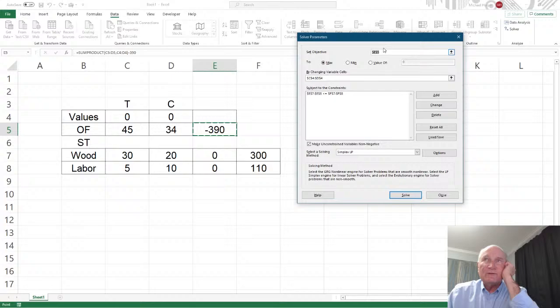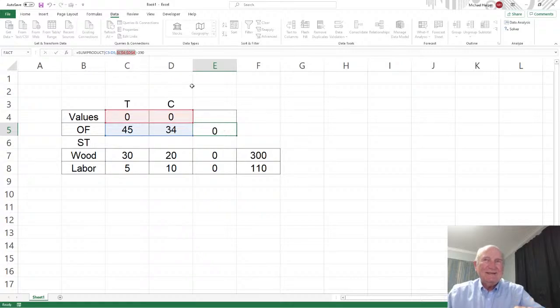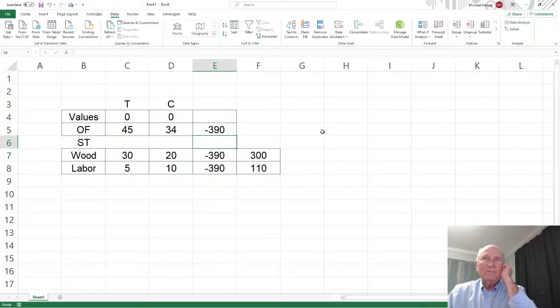I did it fast and I did it wrong. Max, and these are those. Oh, I gotta take this down here. Close this out. Yeah, I didn't have any constraints. You gotta have constraints. Let me just copy this down. There we go. And now I got the constraints.